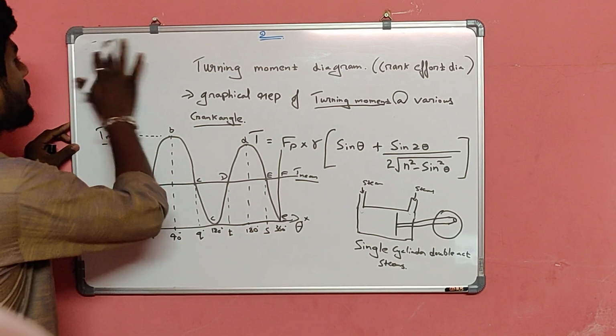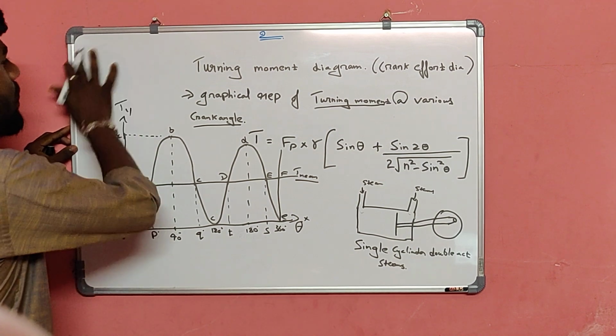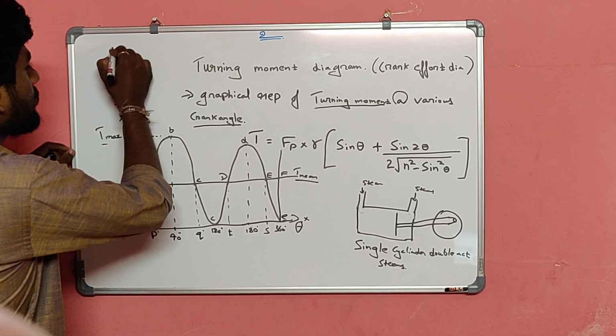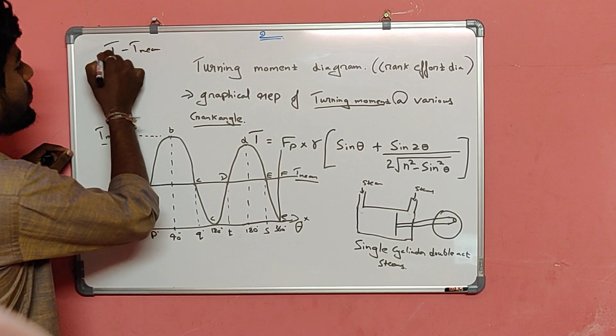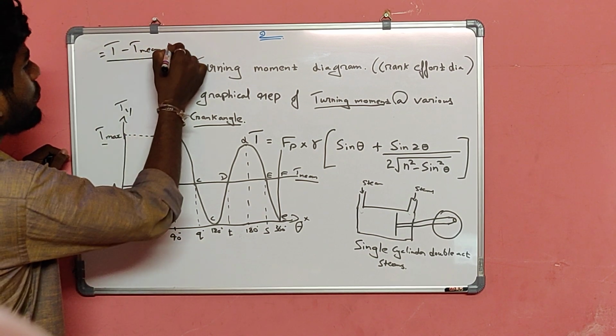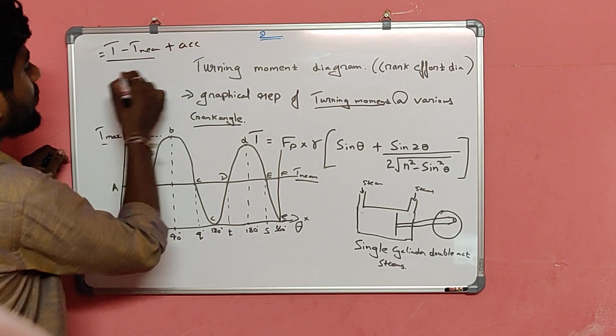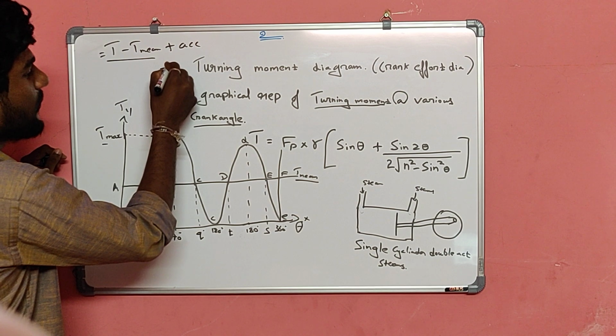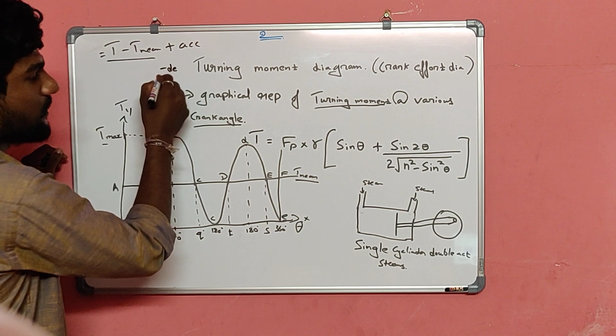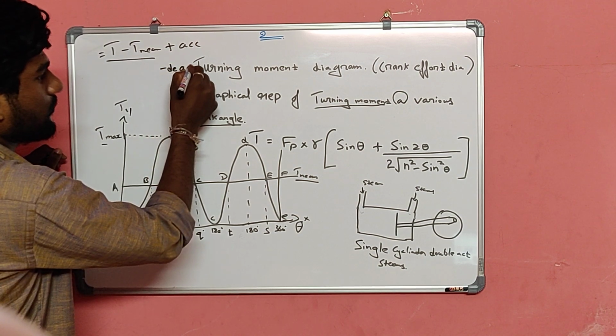That means T minus T mean is the acceleration. If this is positive, we are getting acceleration. If this value is negative, we have deceleration, that is retardation also.